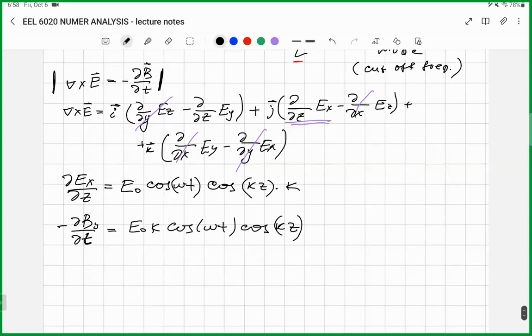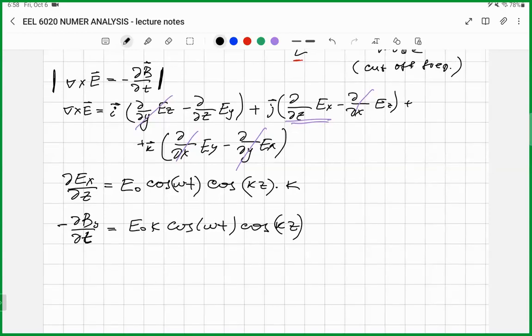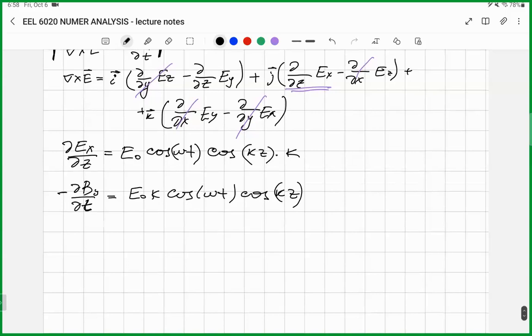But this is the time derivative, and we need to multiply both parts by minus and integrate over time.